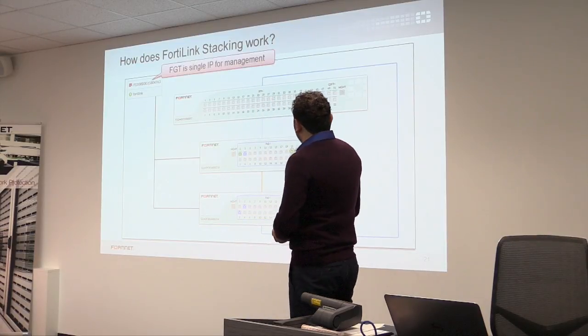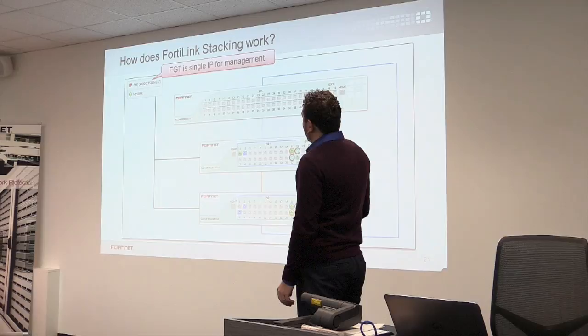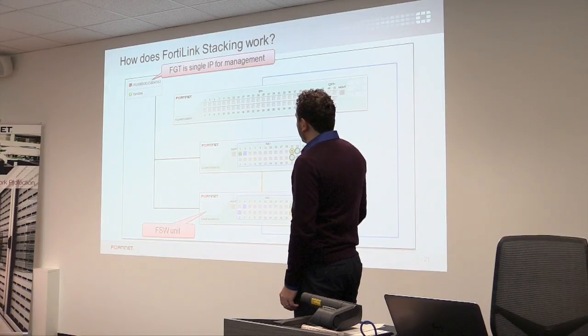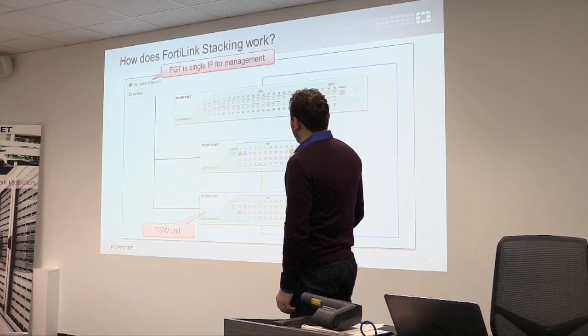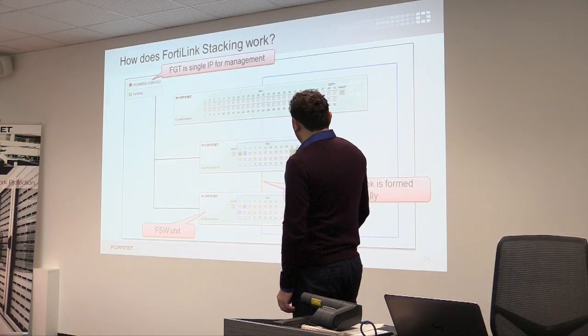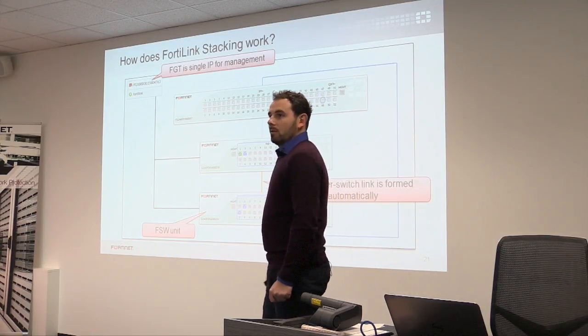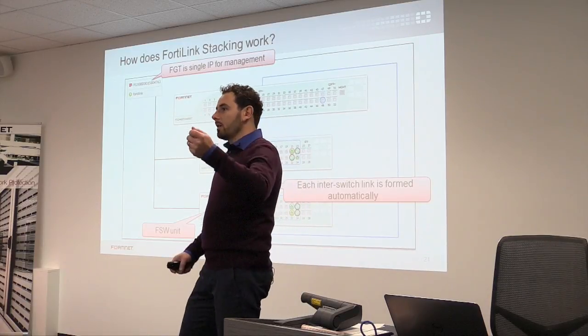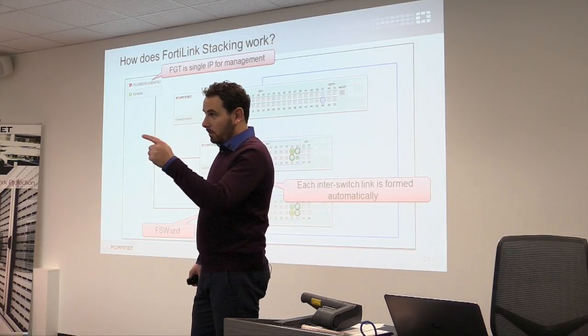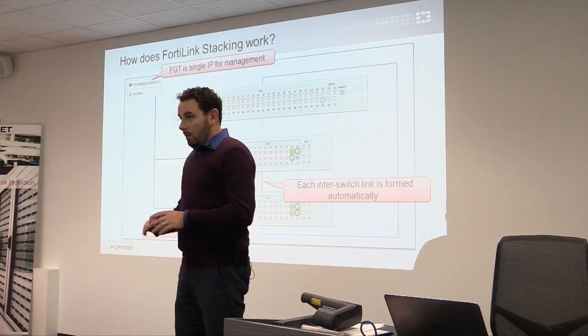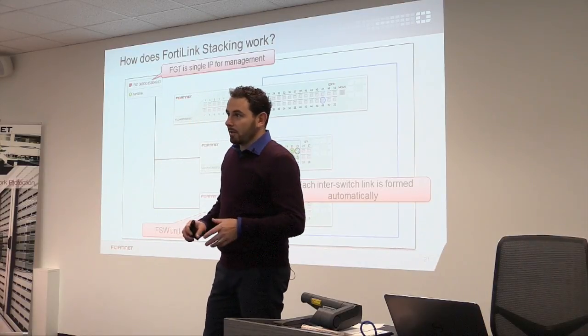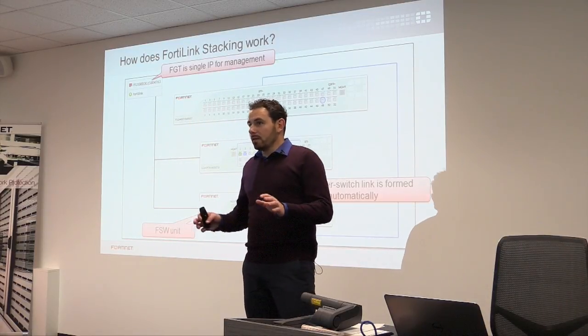Okay? So how does it work? FortiGate is controlling every switch unit, you can see it here separately. And when you connect the cables between the switches, like you connect to the FortiGate, they also establish the links automatically. You don't have to set anything.